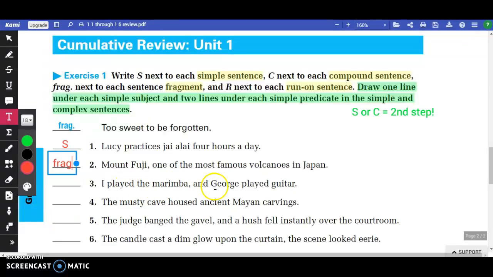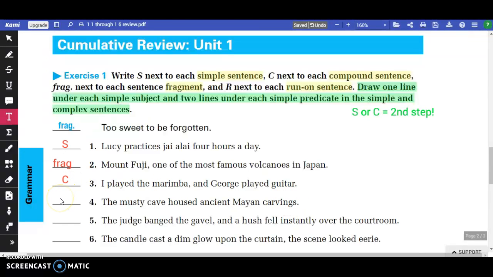3. I played the marimba and George played the guitar. So I played the marimba could be a sentence by itself, and George played the guitar could also be a sentence, so I know that this is a compound sentence. 4. The musty cave housed ancient Mayan carvings.